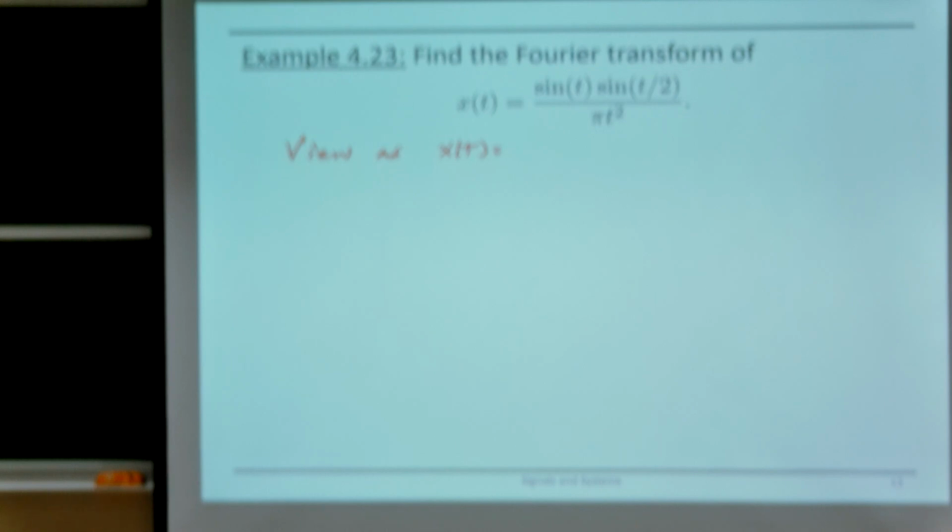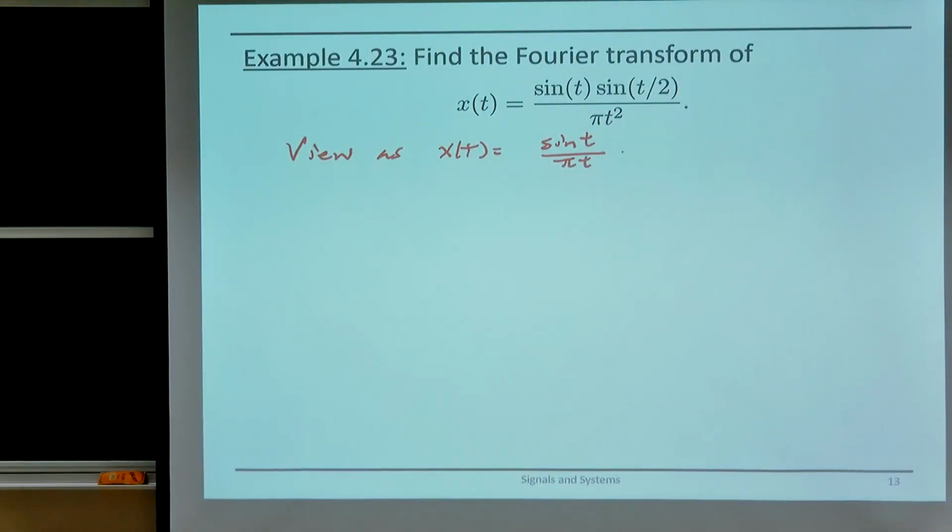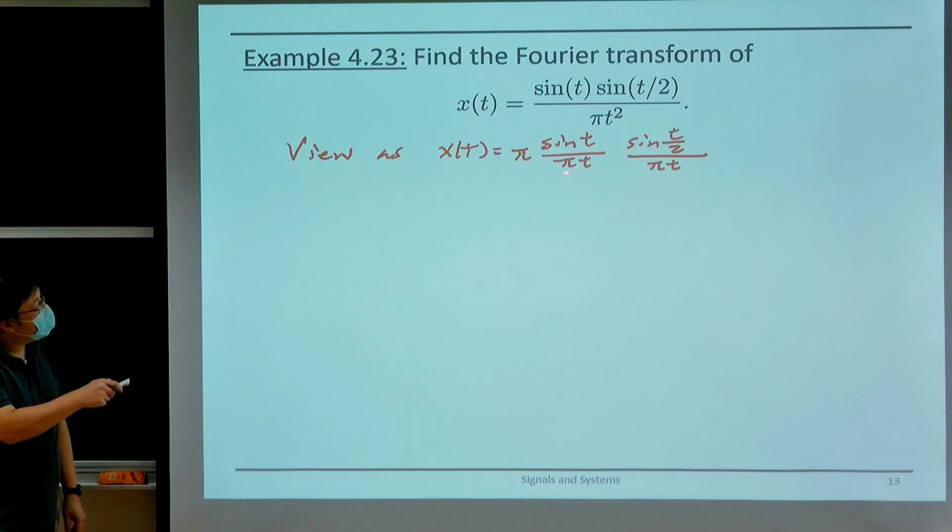You can view this as sine t over pi t times sine t over 2 over pi t, and I need a pi here to cancel out one of the pi's.